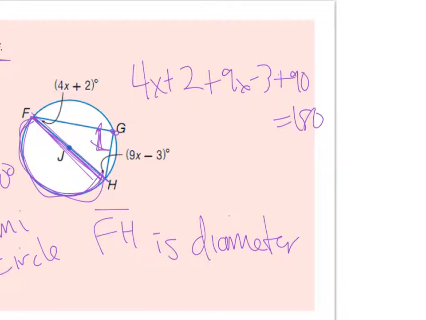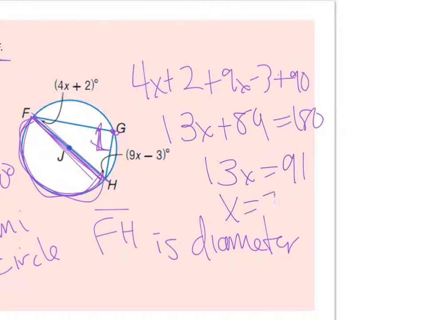So, putting together these terms, that's going to be 13x plus 2 minus 3 plus 89 equals 180. So 13x is going to equal 180 minus 89, which would be 91. 91 divided by 13 is going to be 7.